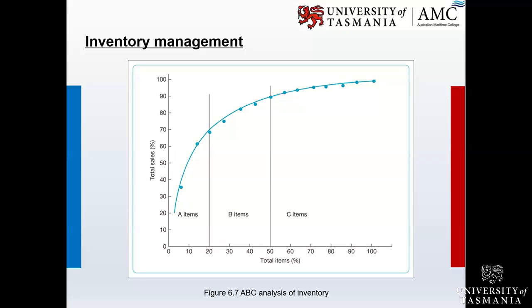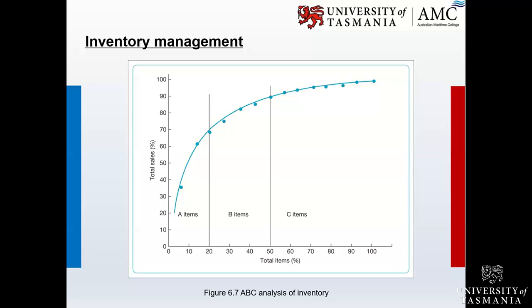In this example, we find 20% of items are identified as A items, and they make a contribution of almost 65% of the firm's total sales.